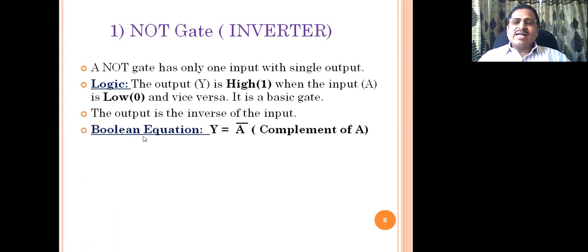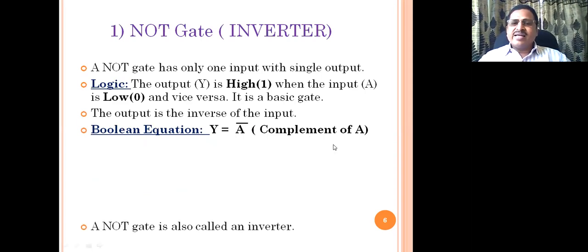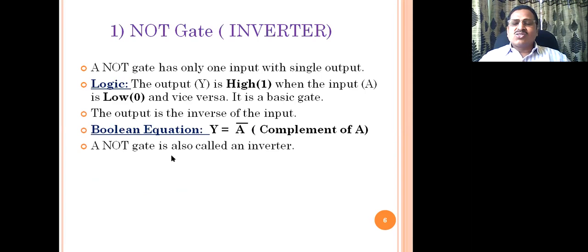Now we can represent the logic operation NOT mathematically, that is called the Boolean equation: Y equals A bar. You can read A bar also as complement of A. Complement of A means inversion of A. Therefore, this gate is also called an inverter.